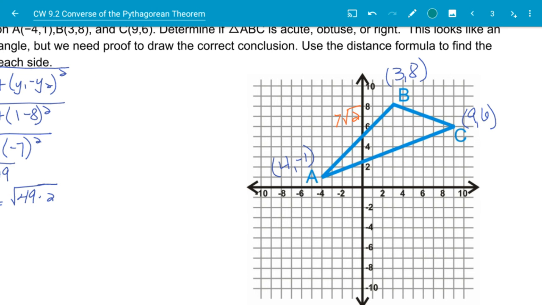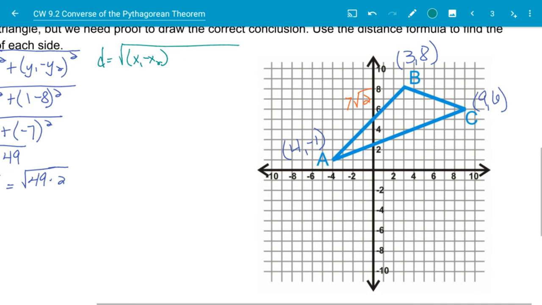Again, I'm going to write out the distance formula. Distance is equal to the square root of x1 minus x2 squared plus y1 minus y2 squared.